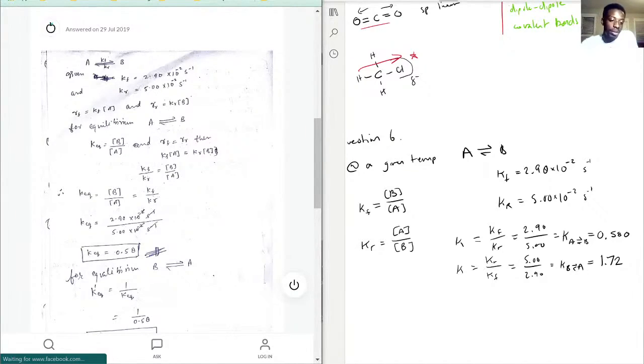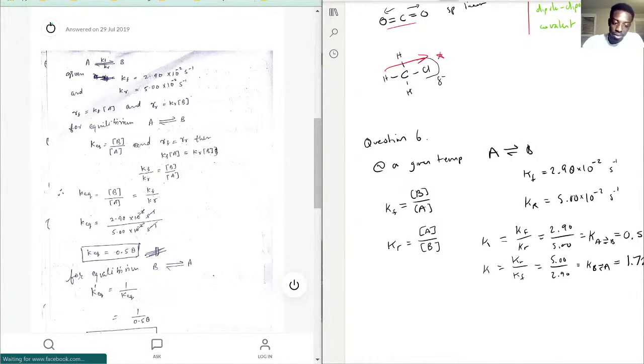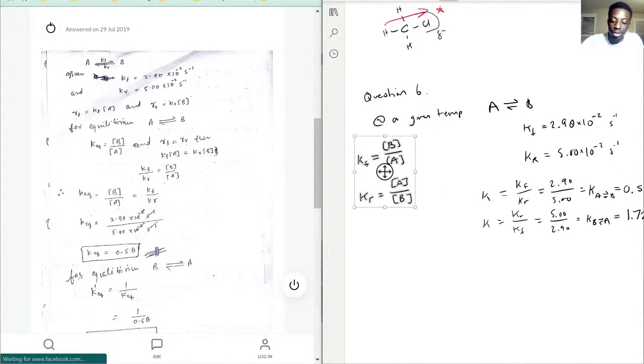Exactly, they have the K forward. Just as a breakdown, to make sure I'm doing this right. Okay, so this is actually a different part, so we can put this to the side. That's where we want to find concentrations. That's a different K, which is a little bit frustrating.